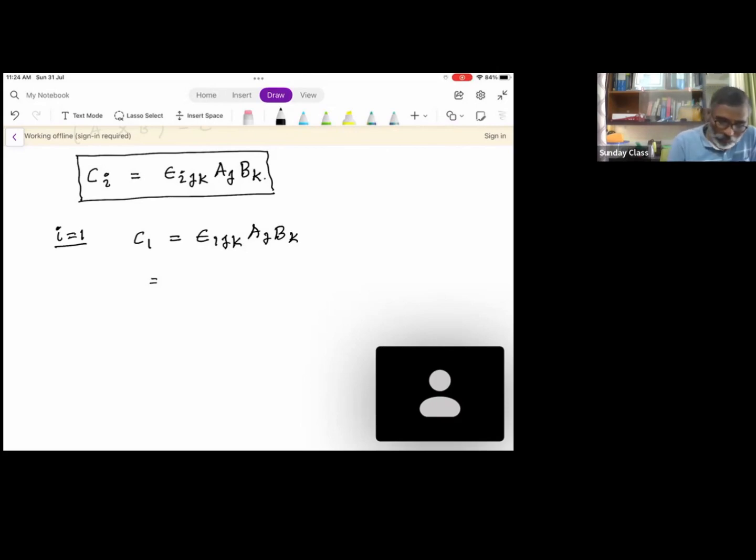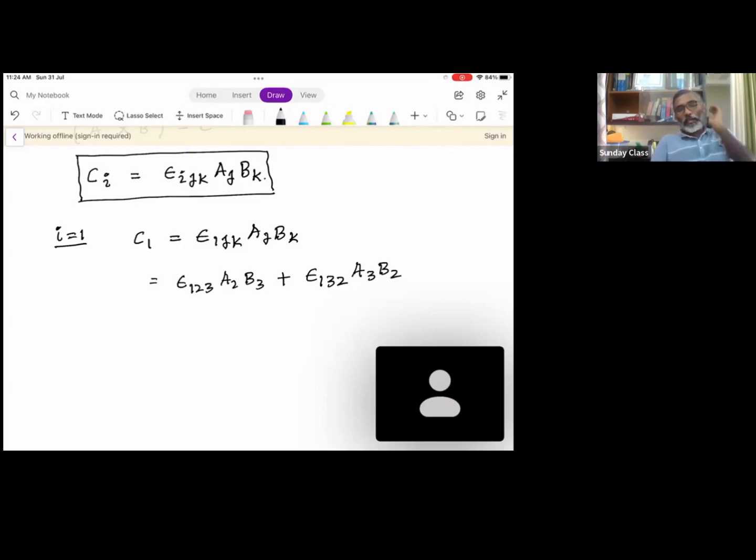Correct? So that means epsilon 1, 2, 3 into A2, B3. What is the other possibility? Epsilon 1, 3, 2 into A3, B2. Is there any other term?